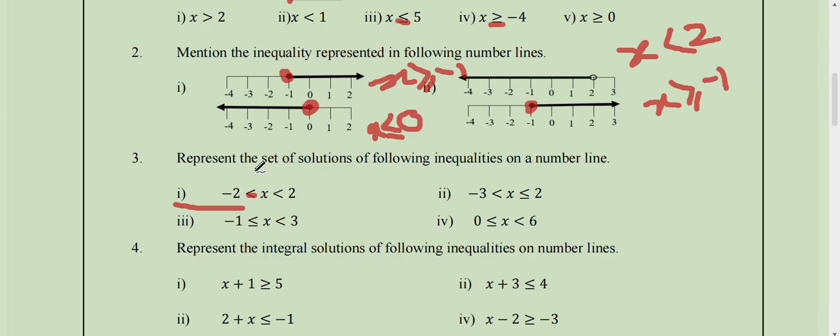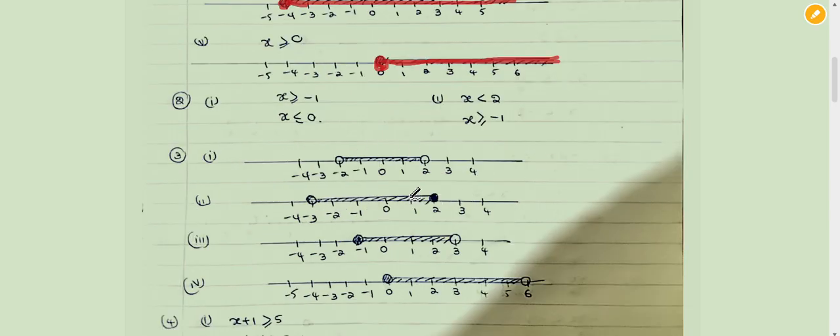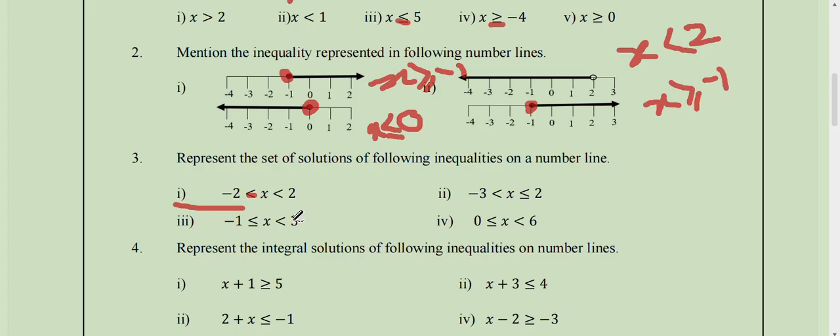How do we represent this? Firstly, you should draw a number line, and you should divide this problem into parts. You can divide this problem as x greater than minus 2 and x less than positive 2.